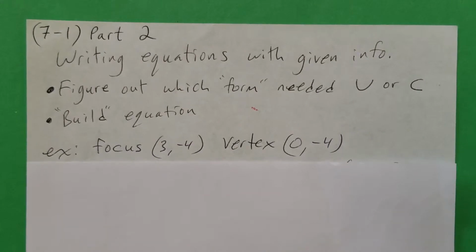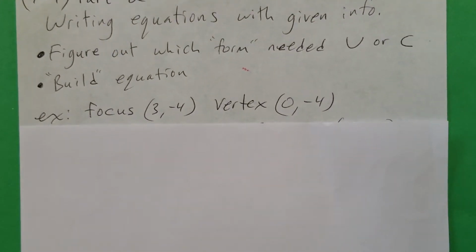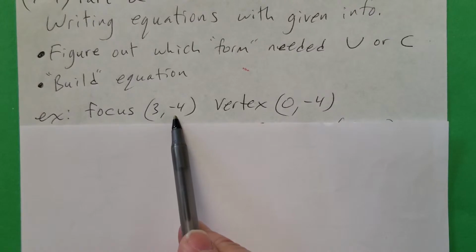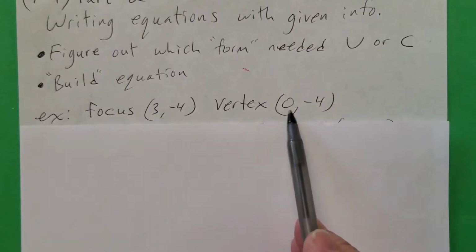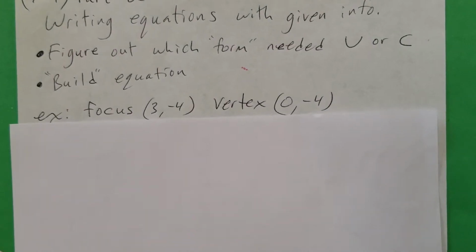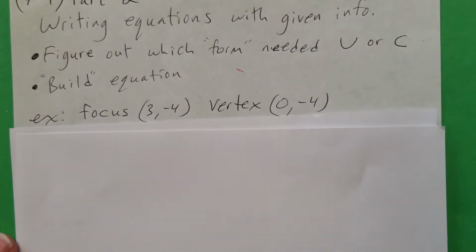Okay, so here's a little information that's enough for you to use to make an equation. So if my focus is 3, -4, and my vertex is 0, -4, write an equation with that information. Well, first, you can use your imagination or jot it down.